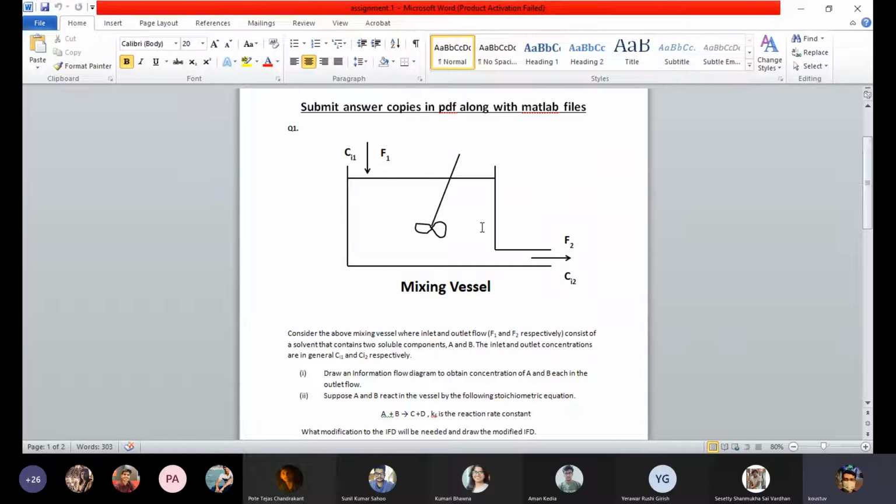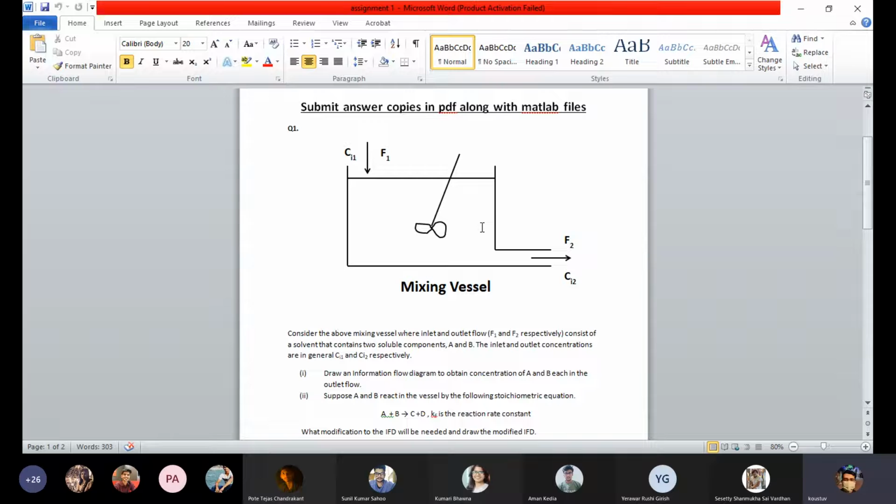The purpose is to mix them and see the outlet concentration in the combined flow rate, so you have to add A and B at the inlet separately. That modification will be there. I will modify the question after the class and post it again so that the whole class is knowledgeable about these corrections.